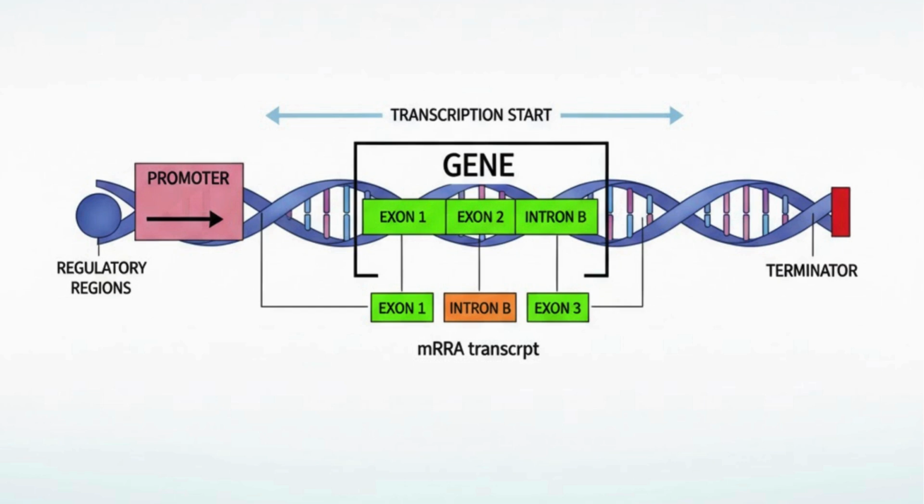This we call the transcription start site, where the messenger RNA transcription will be created. The end part is the termination, where the termination of the protein synthesis will be carried out. So this is all about the structure of the genes which are present inside the DNA.